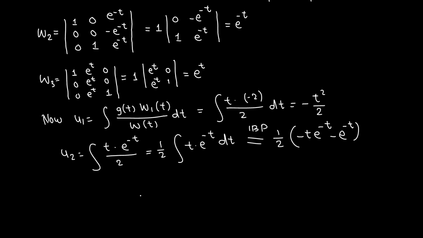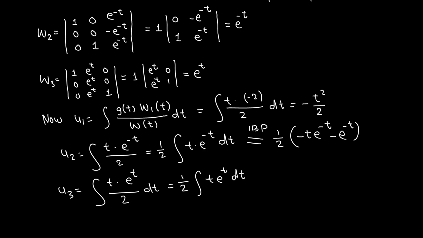Okay, and let's find u3. u3 is g(t), that's t, times w3 that we found, e^t, over 2 dt. This 2 we can pull outside, 1/2, and now t times e^t dt.